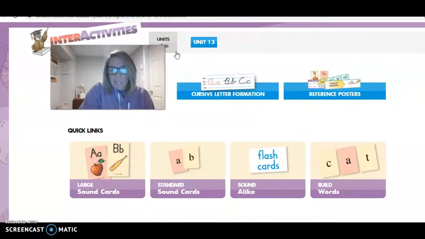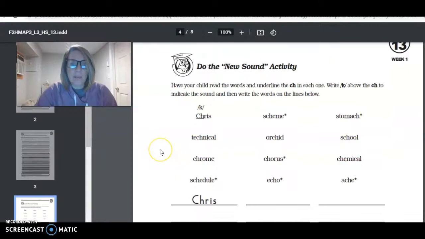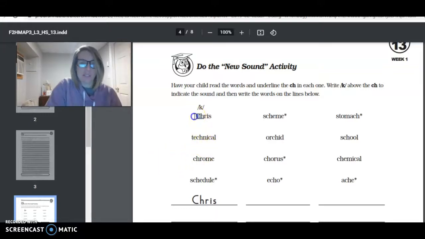So allow me to bring up some words from this unit. Okay, check it out. All of these words have CH in them. I want us to practice reading them and thinking about the sound that the CH makes. So take a look at this one right here.